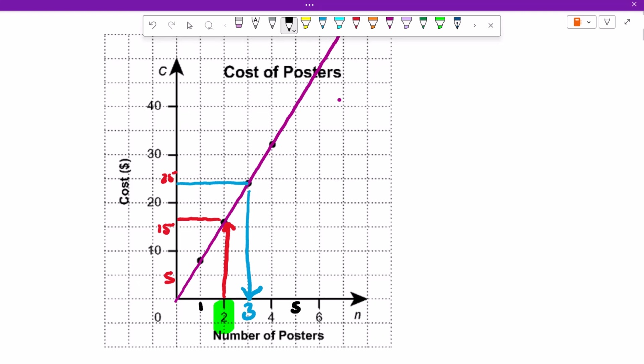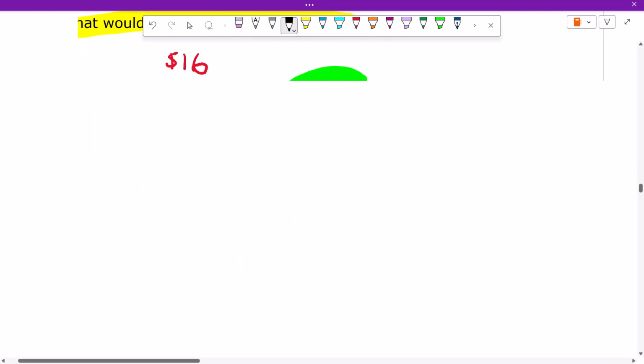So when you look at these things, sometimes that graph is not valid for every single point. Because in real life, you can't always buy partial things. You can't buy a part of a poster, right? Or you're counting people. What's the cost for this many people to go? And you can't say 33.5 people are going. So that's the one thing you have to watch out for, right? Can the partials exist?